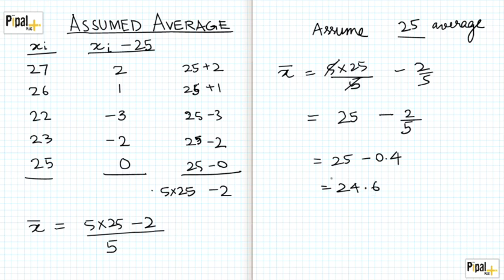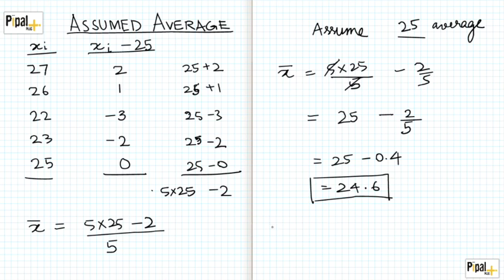So clearly this is a much faster way of doing the same computation. We've simply assumed a number as the average, which we call the assumed average, and we find out how far away each data point is from it.